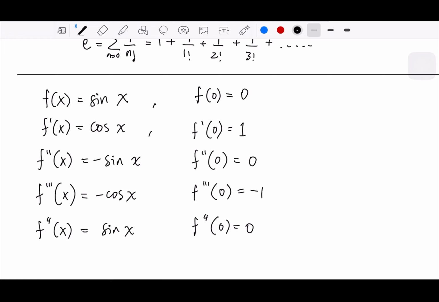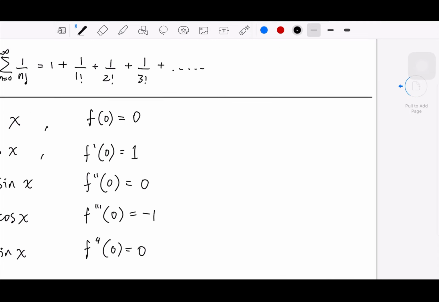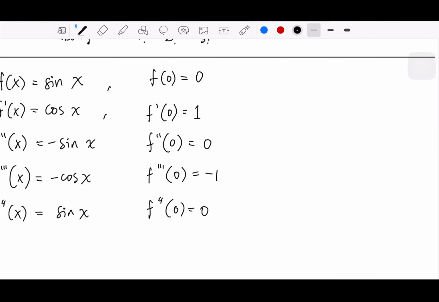So we can write down the formulation for the Maclaurin series.